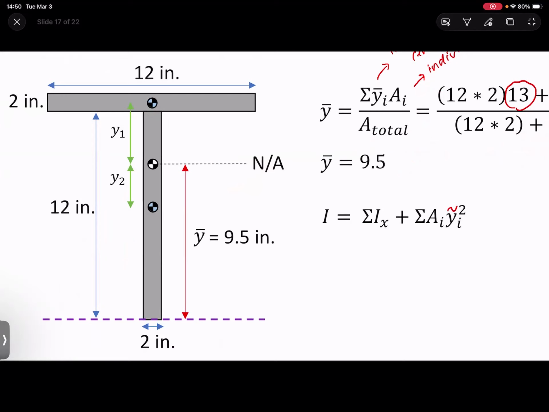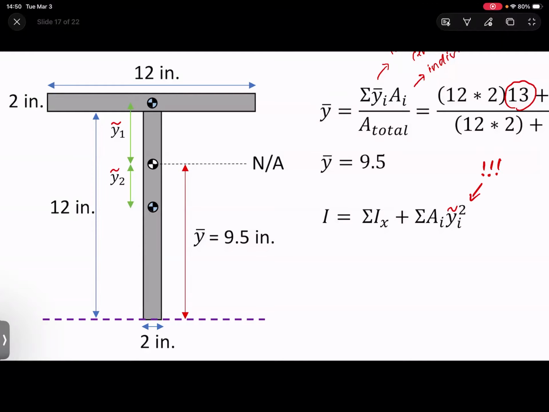The little squiggly thing right there. I don't know if I'm pronouncing that right. Y tilde i, little tilde thing on the top. All that is the distance from each individual centroid to the overall centroid. And remember, we have to square this. Don't forget to square that value because I see that error a lot.